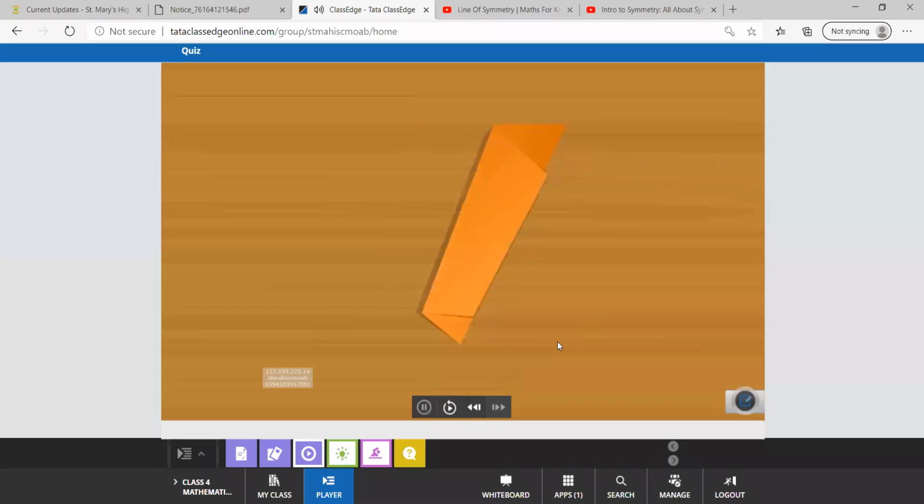Oh, the shape does not form identical parts when folded along this line either. No matter which way we fold the shape, we do not get identical parts. We can therefore say that this shape has no line of symmetry. Such figures which have no line of symmetry are called asymmetrical figures. So, this quadrilateral is an asymmetrical figure.